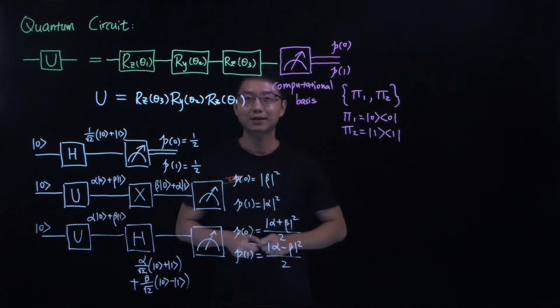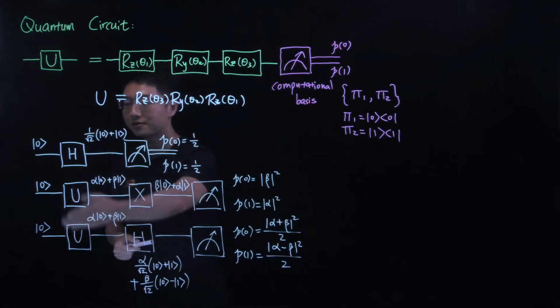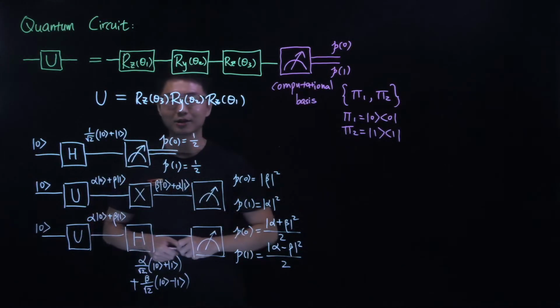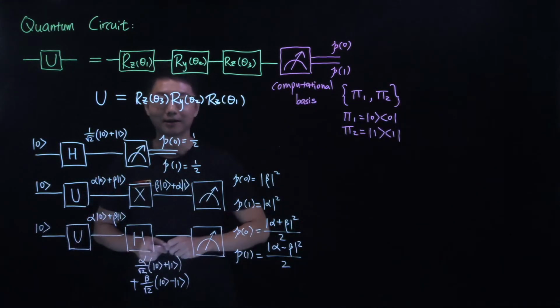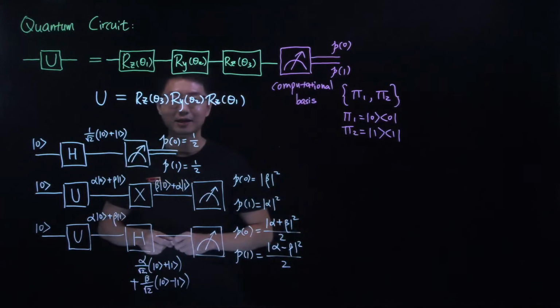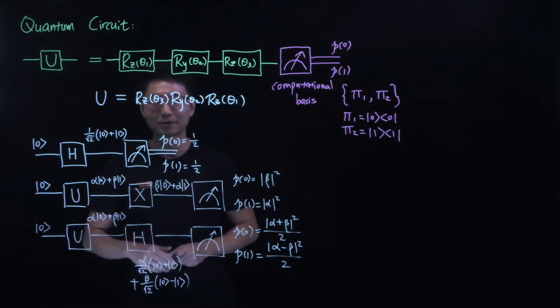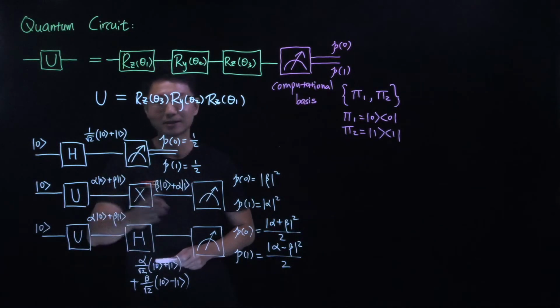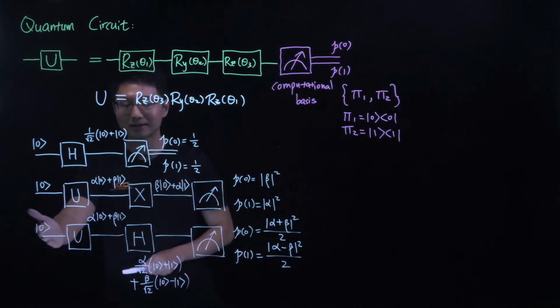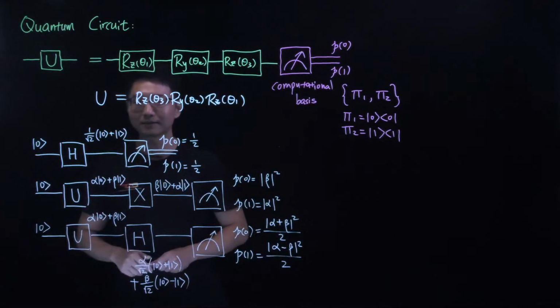A final remark is in order. Here, I have assumed that the state is always initialized in the 0 state. However, if you would like to initialize the state in any other arbitrary state, for example, alpha 0 plus beta 1, you could always initialize the state as a 0 state and apply a unitary on that state.